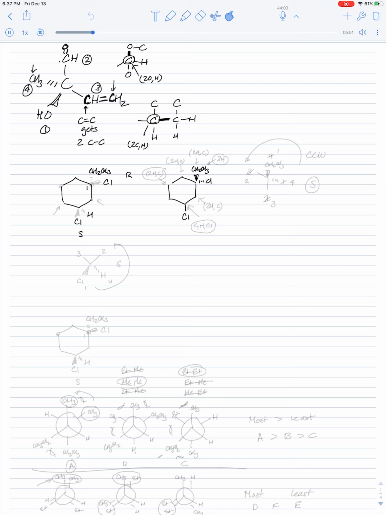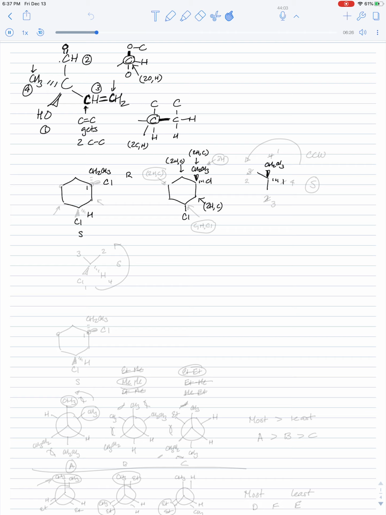In this case, number 1 is the chlorine, and then I've got to deal with all 3 of these carbon groups. So this carbon is a C, that carbon's a C, that carbon's a C. This is a carbon with 2 H's and a C versus 2 H's and a C versus 2 H's and a C. That wasn't helpful because now they're all tied.